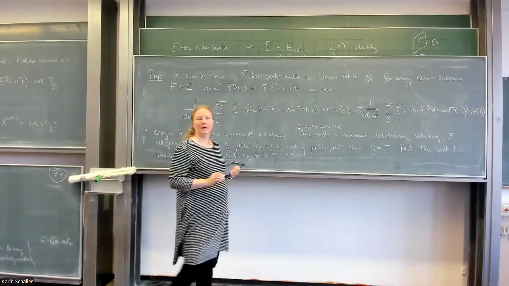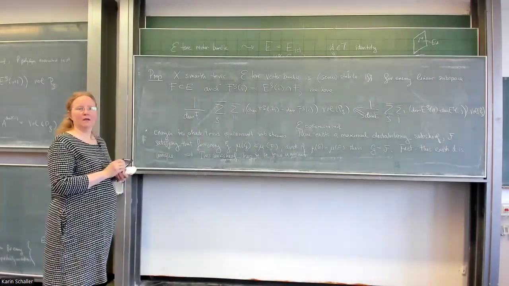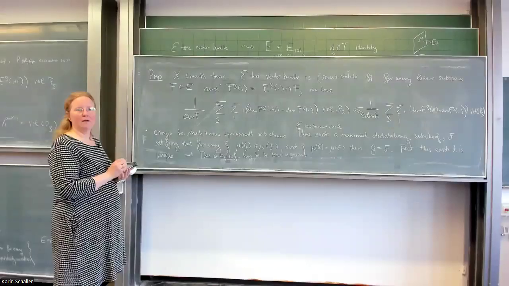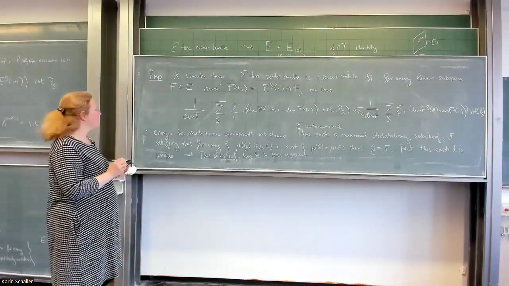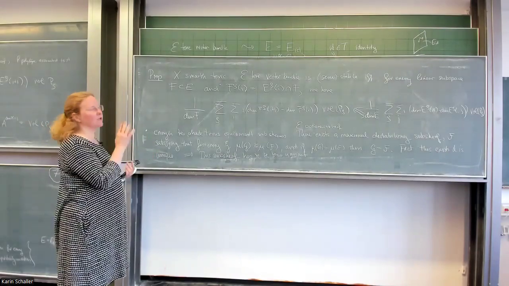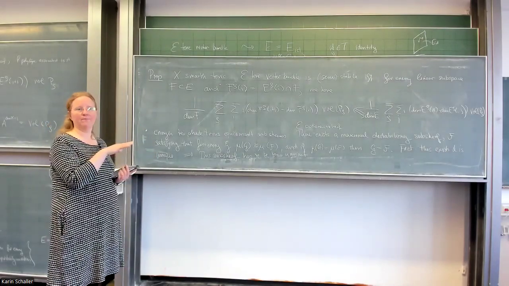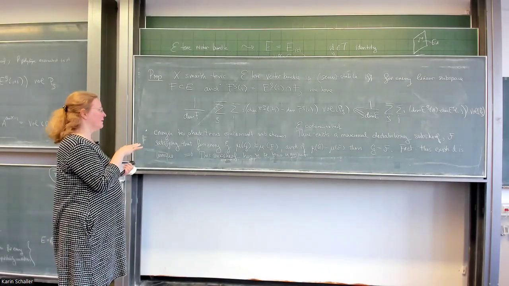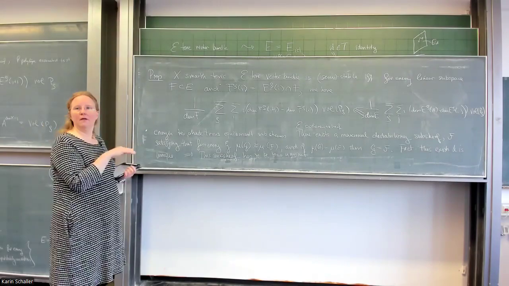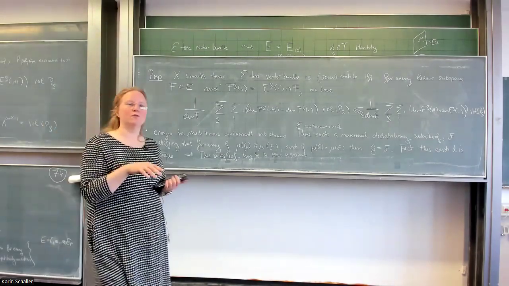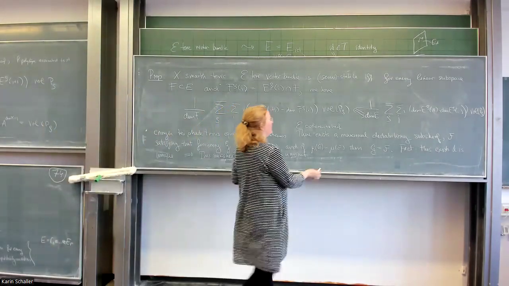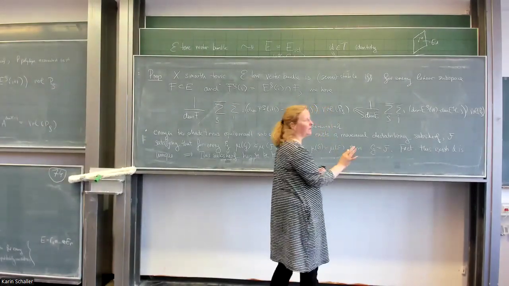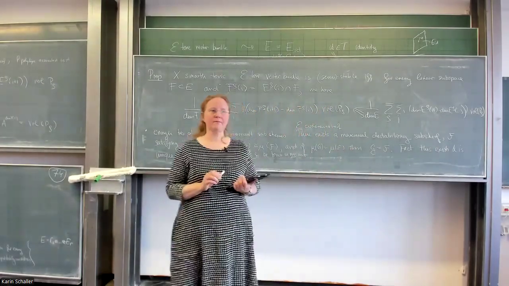I think I missed the sentence. Is there a reason, or is it just something you have to show? You show that it has the same slope. Okay. But it's also saturated.